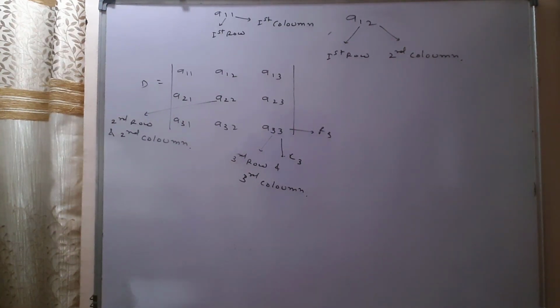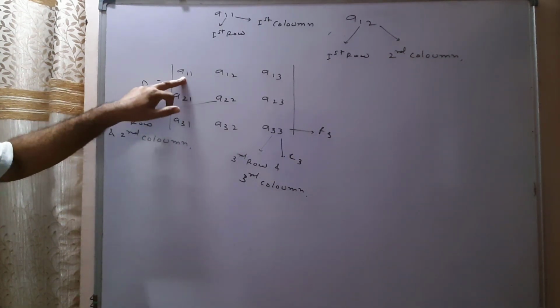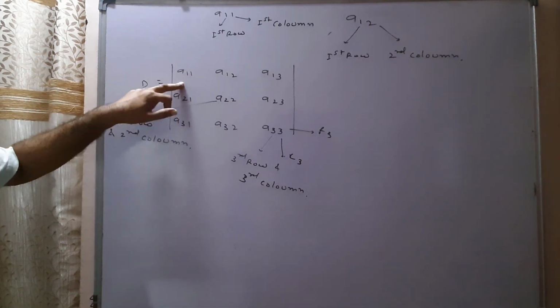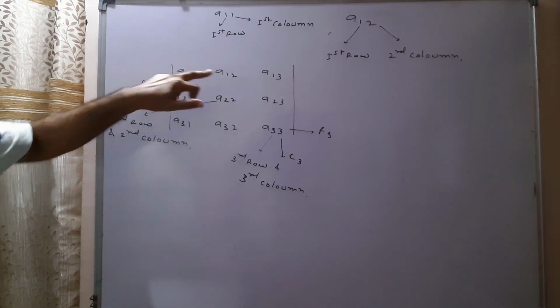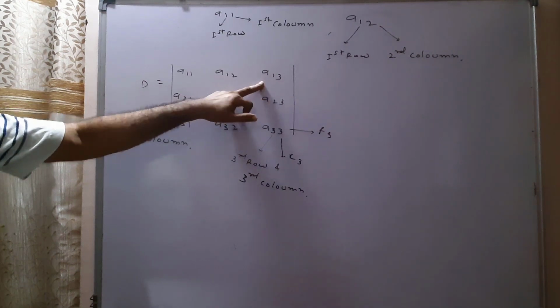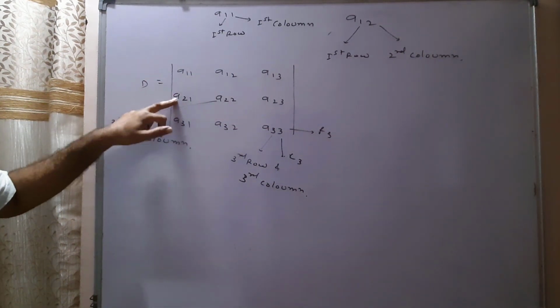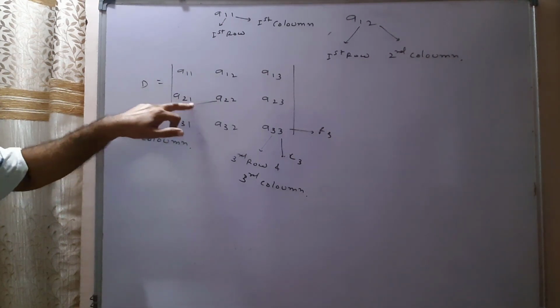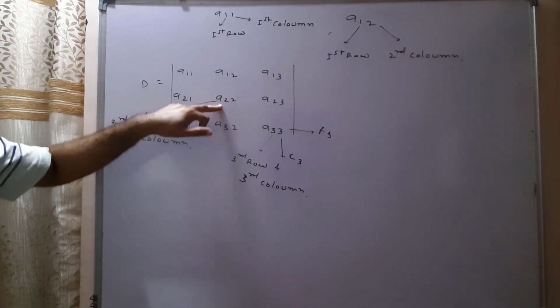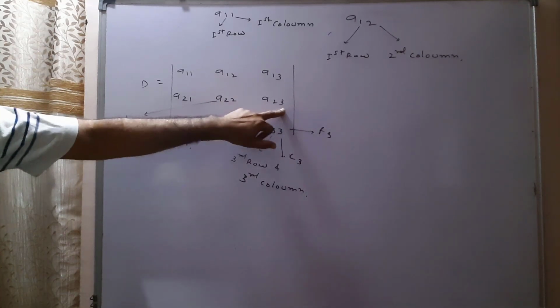So in such a way, each element, that is A11, shows the element lies in first row, first column. A12, first row, second column. A13, first row, third column. A21, that means second row, first column. A22, second row, second column. A23, second row, third column.